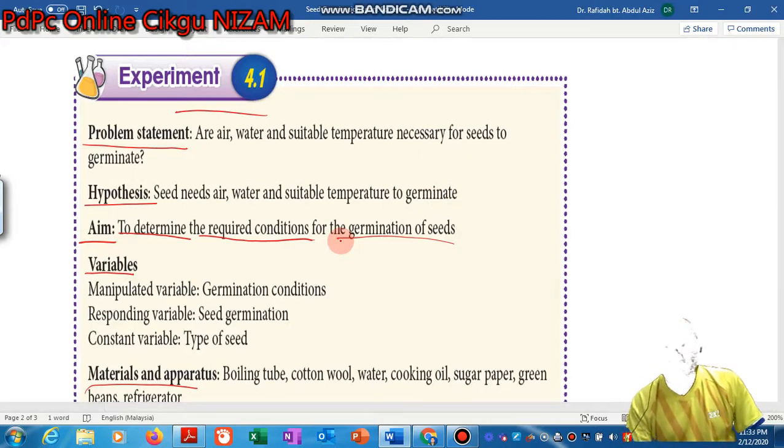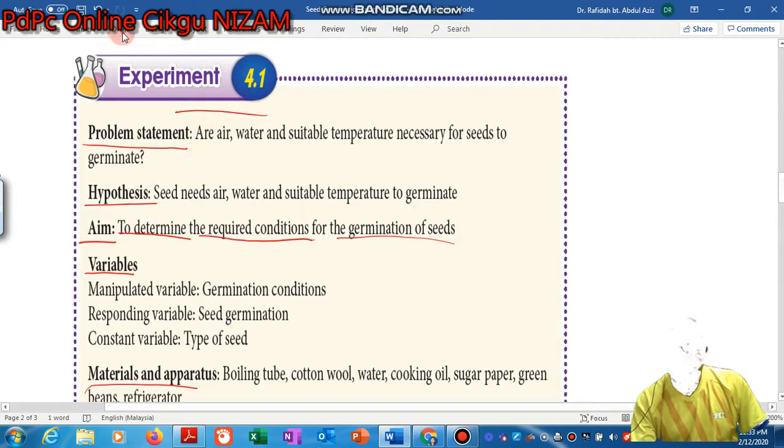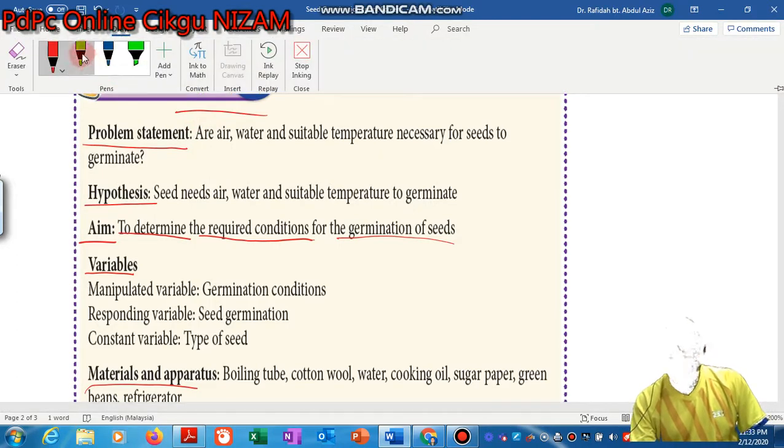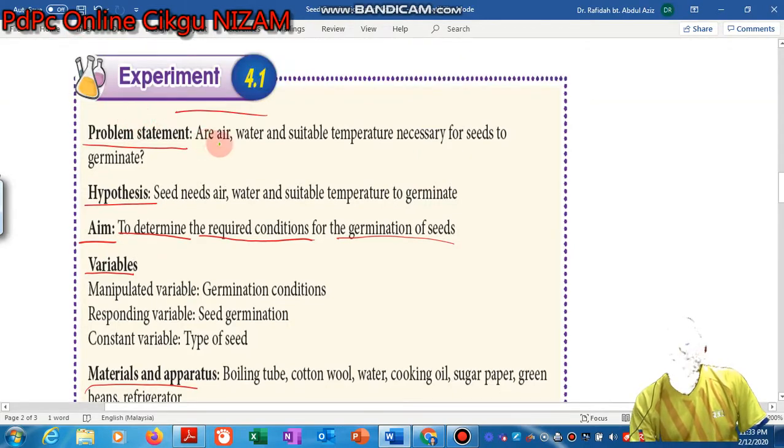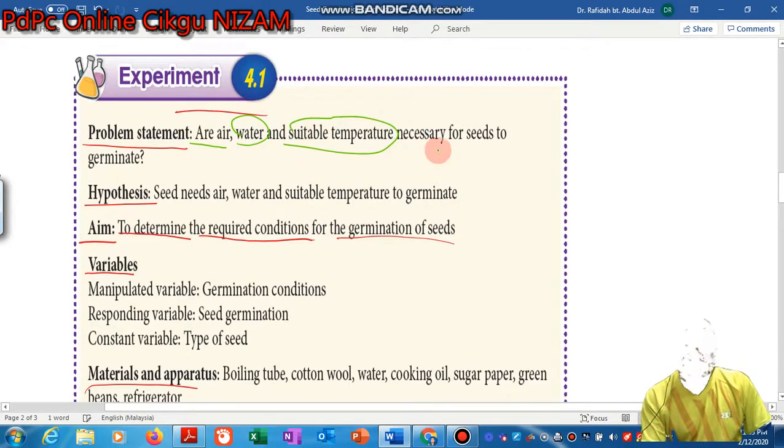So the problem statement here: are air, water, suitable temperature necessary for seed to germinate?